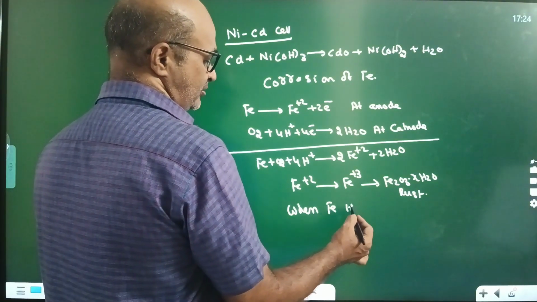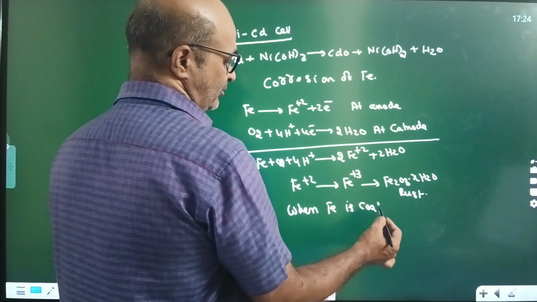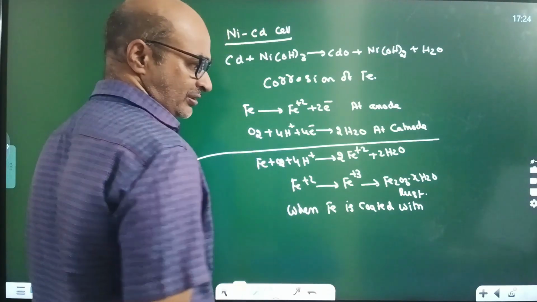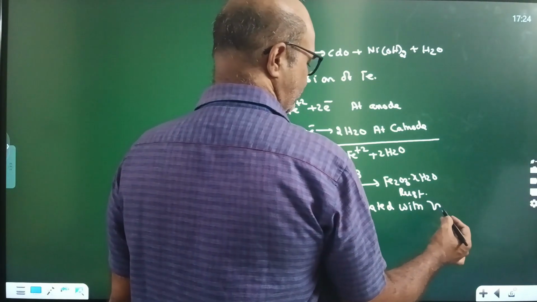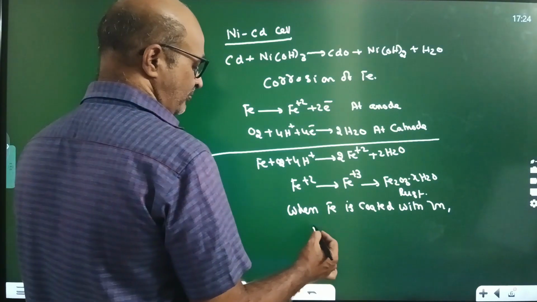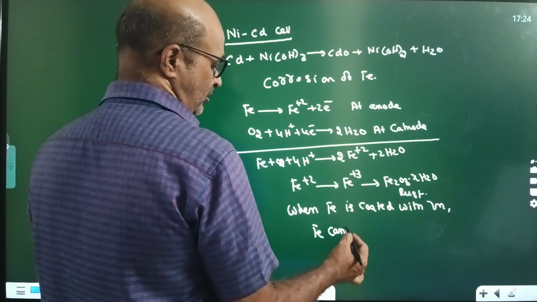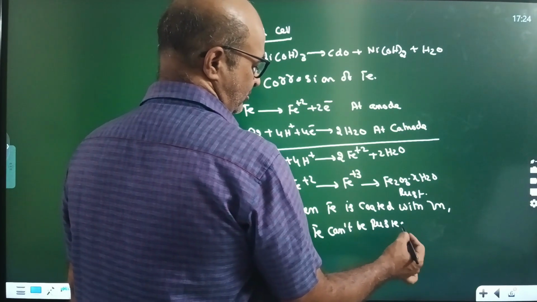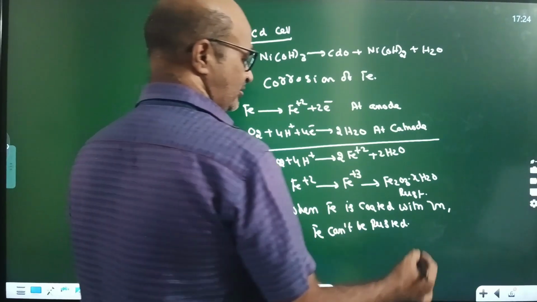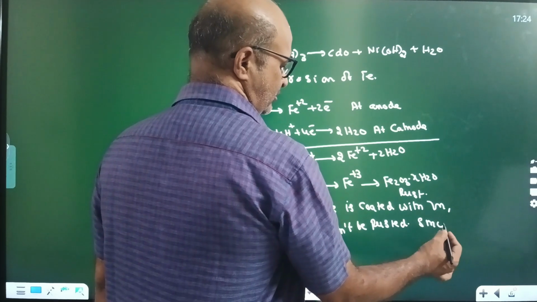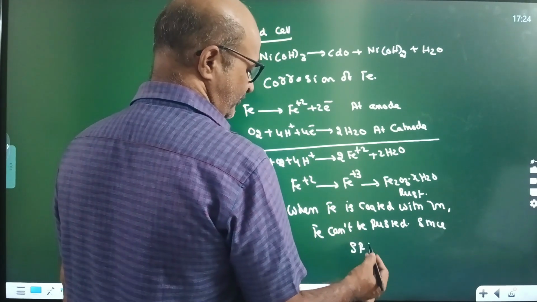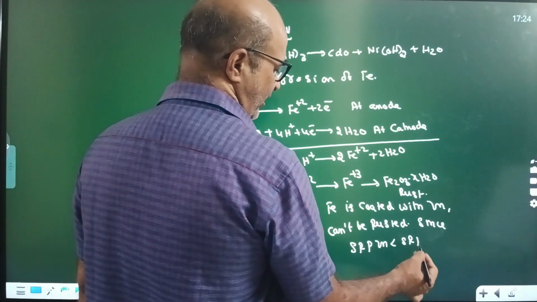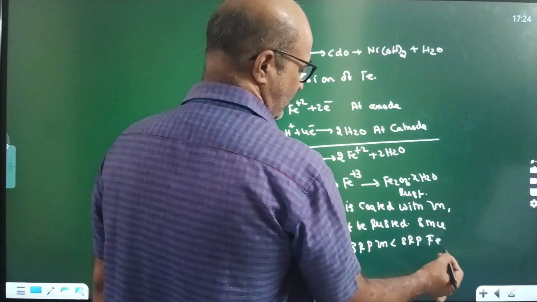When iron is coated with zinc, iron can't be rusted, since the SRP of zinc is less than the SRP of iron.